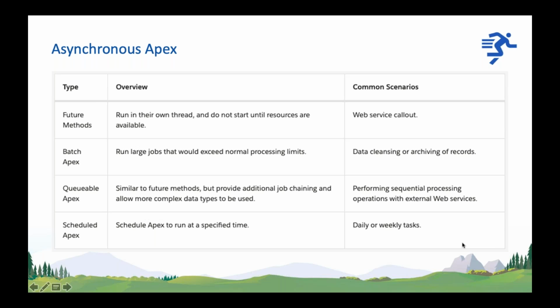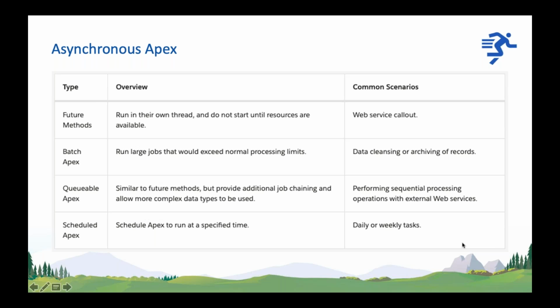And schedule Apex. Schedule Apex is schedulable Apex. So it will schedule. Every day, if you want to execute a class at 9 a.m. in the morning or 6 p.m. in the evening, something like that. If you remember, we have tasks.